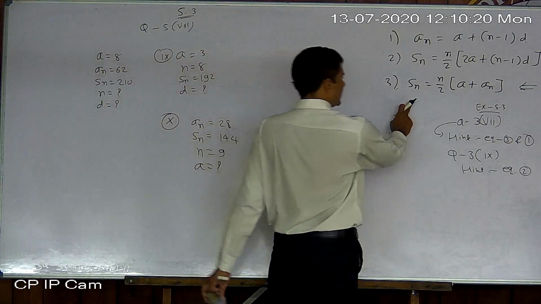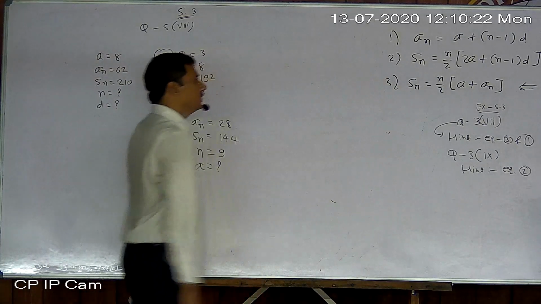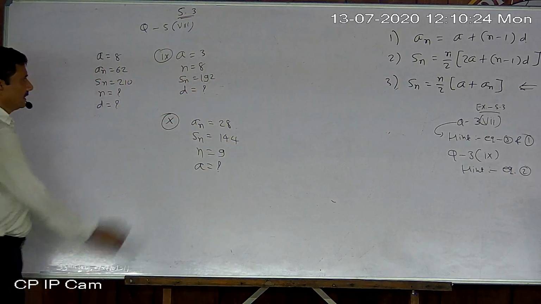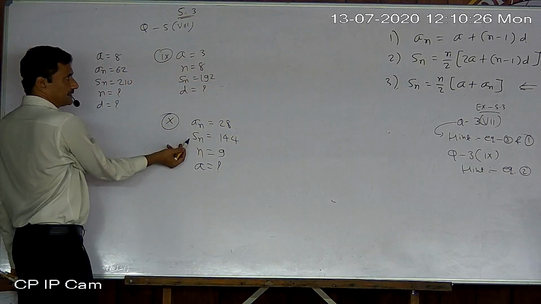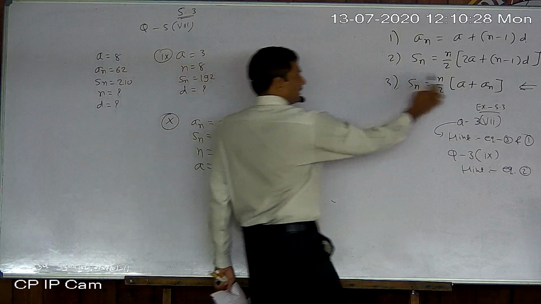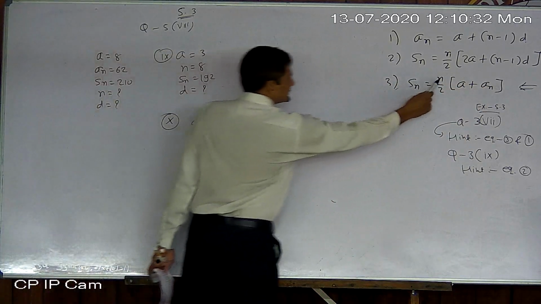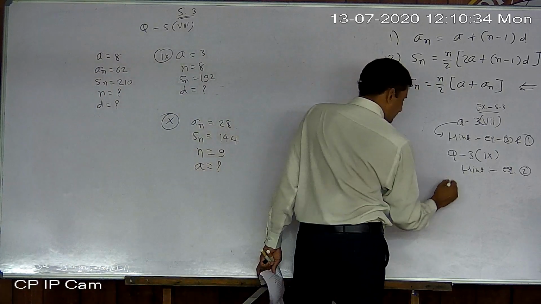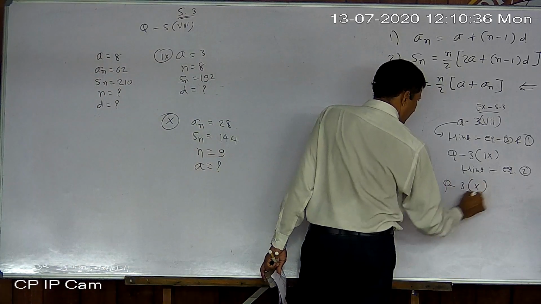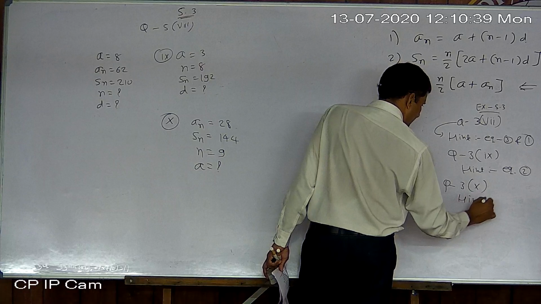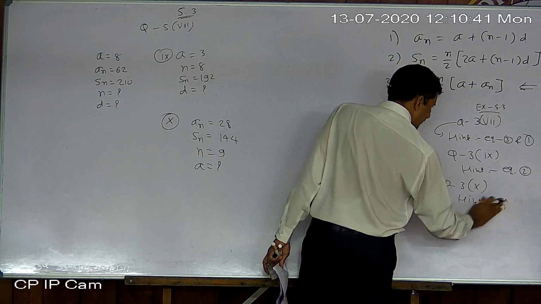So again, this one, the third one. Look at the third one. a n and s n both given. s n and a n both given. Okay. n is also given. Just a is not given. So question 3, 10 is homework. Again, hint: equation number 3.